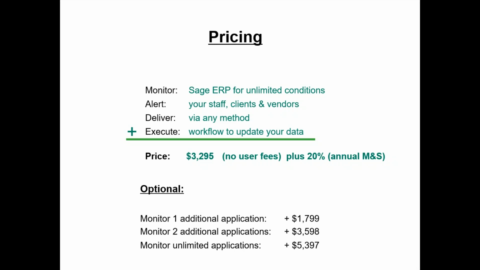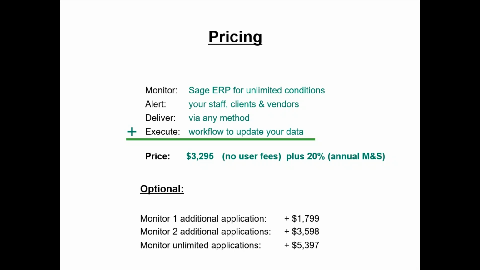And this license also includes the ability to trigger workflow, to write data back into the Sage 100 system, or for that matter, to move data from Sage 100 into any other application database. To do all of that is a one-time license fee of just under $3,300. Again, that's a one-time cost, and then you're looking at just an annual maintenance and support cost of roughly 20%, or $650 per year.